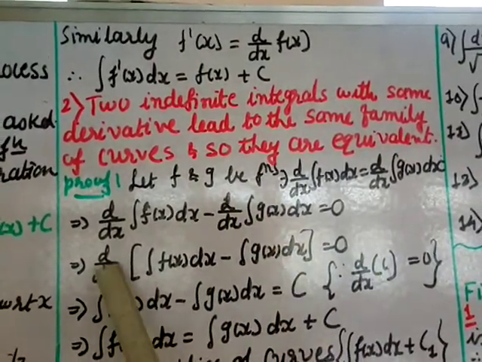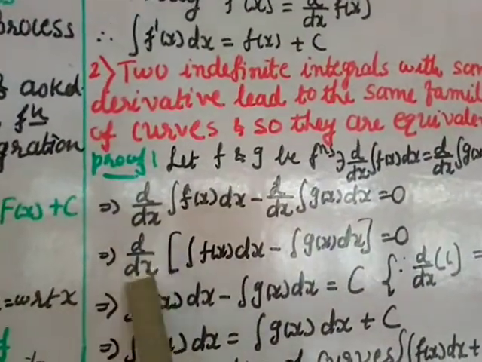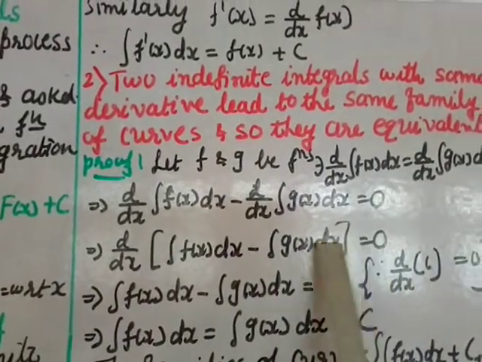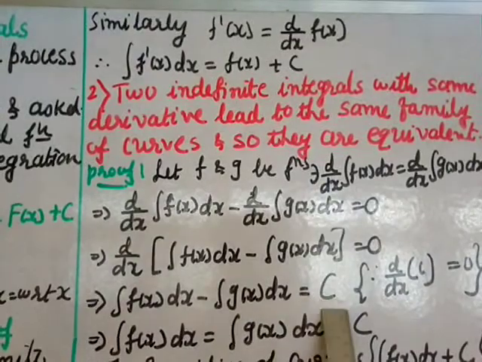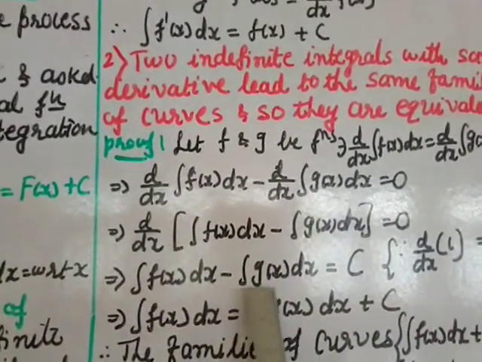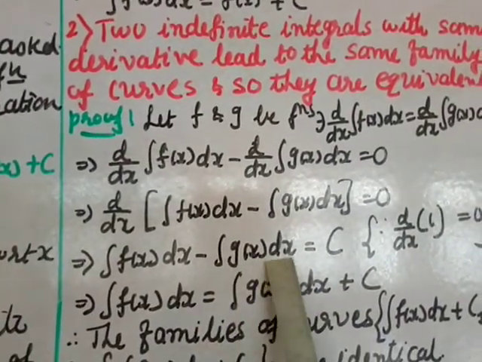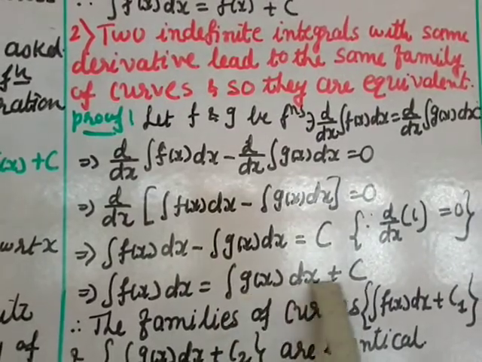Now we know that the derivative of any constant is 0. So the derivative of this bracket term is 0. That means this bracket term should be some constant, and that constant I call capital C. So integral f(x) dx minus integral g(x) dx equals C. Transferring integral g(x) dx to the other side, it becomes integral f(x) dx = integral g(x) dx + C.